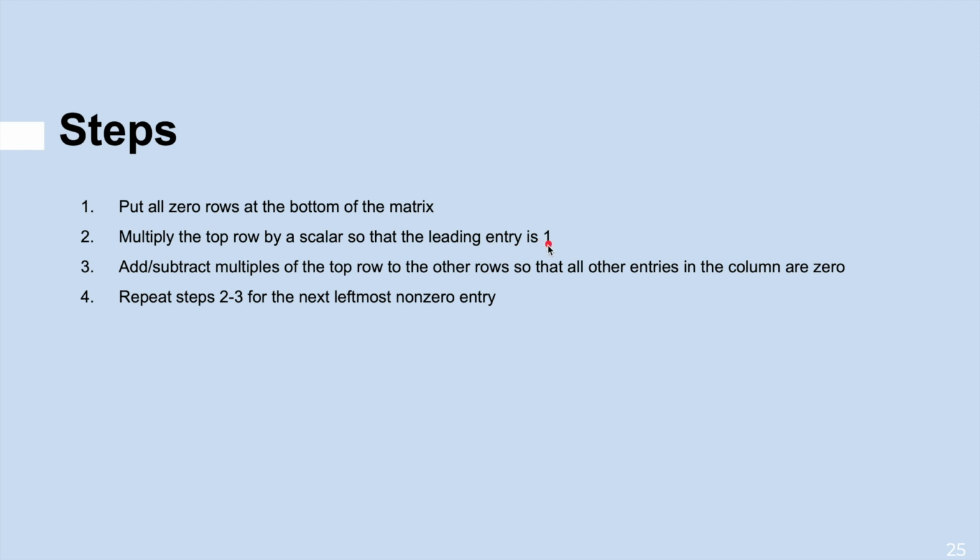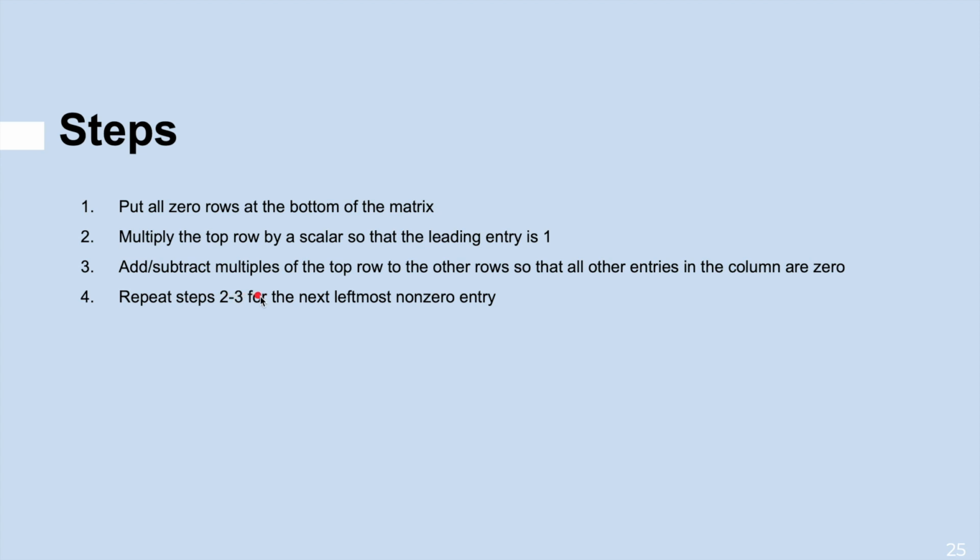This doesn't make sense yet, it should in a few minutes. Step 3 is going to be to add and subtract multiples of the top row to the other rows so that all other entries in the column are 0. So we are going to do what we call zeroing out the column. Again, you'll see soon. And step 4 is to repeat steps 2 to 3 for the next leftmost non-zero entry.